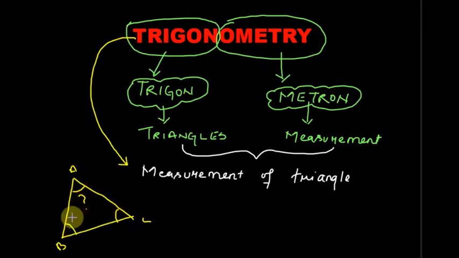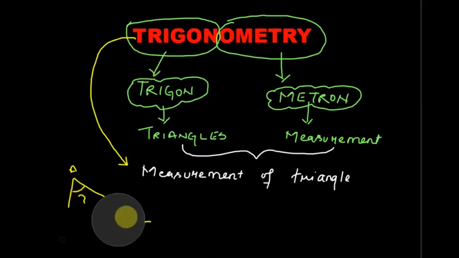So we will try to find the length of the sides of the triangle, or the measure of this angle, using trigonometry. This will be a very useful tool for us. Trigonometry will help us to find out the missing length of a triangle or missing angles of a triangle.